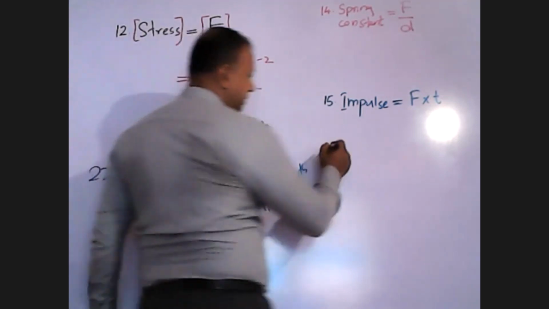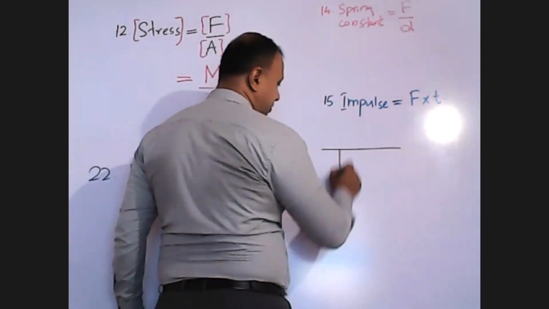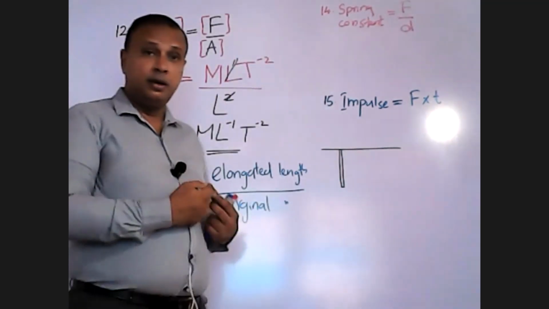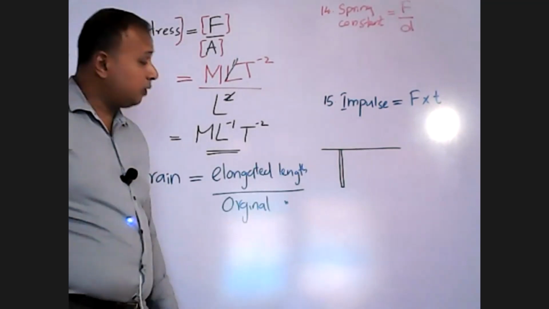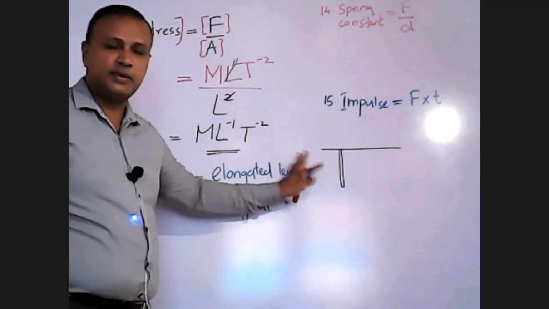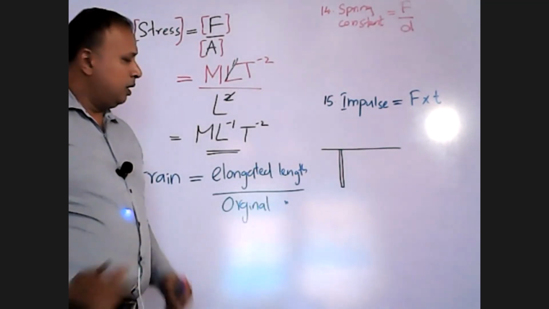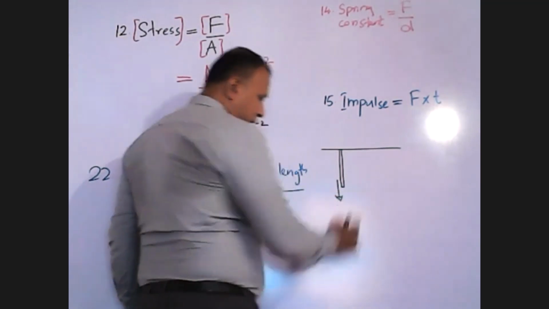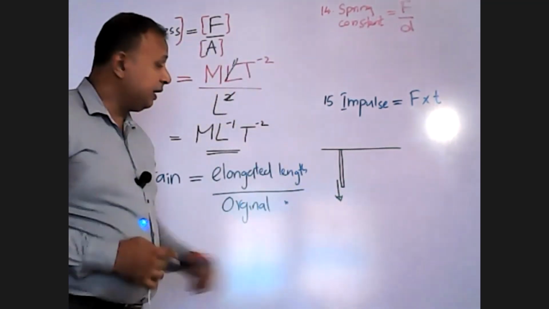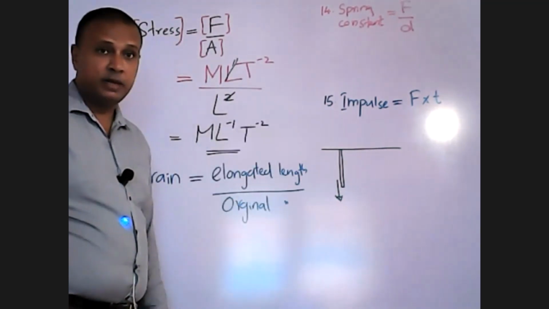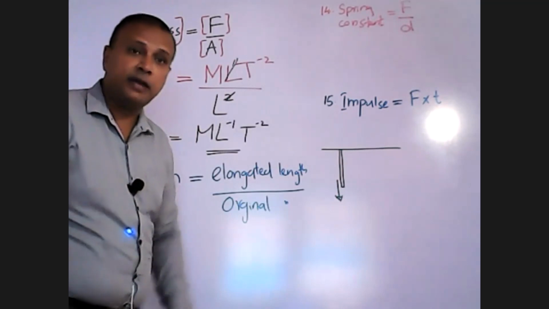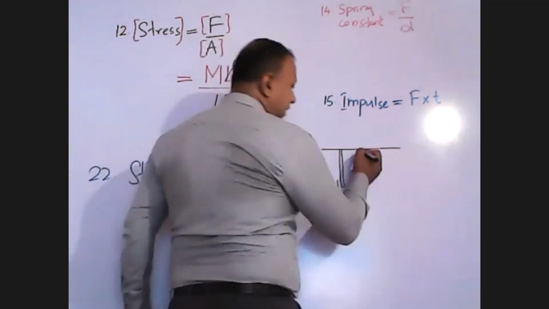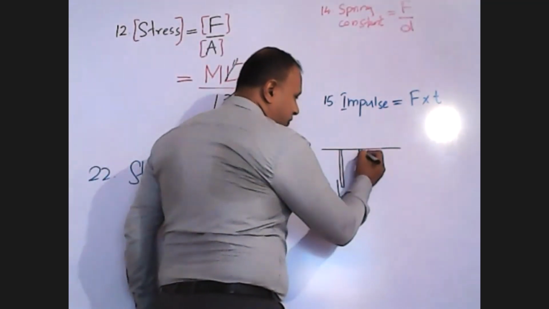Suppose there's a rod or some material, a very small rod or wire. Once I apply a force in the downward direction on this wire, the length of the wire can be increased.